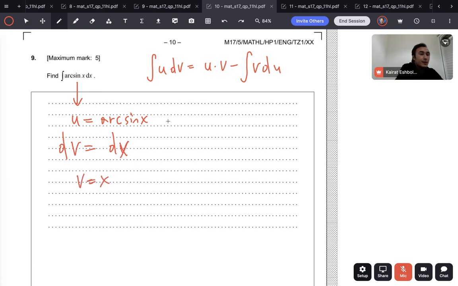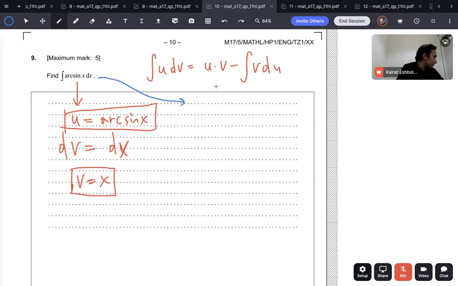Now, when you do by parts, please always highlight u inside a box and then v inside a box, okay? Put them in boxes. That's a very good practice. You will see why. So then, using this formula, we multiply u with v, right?